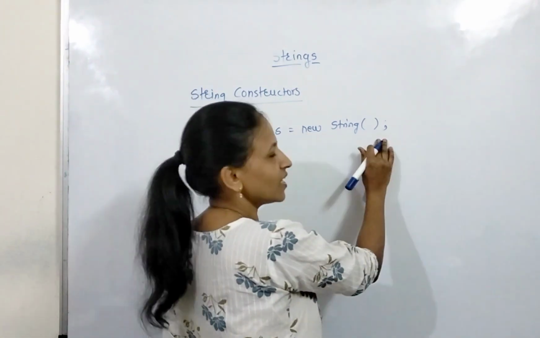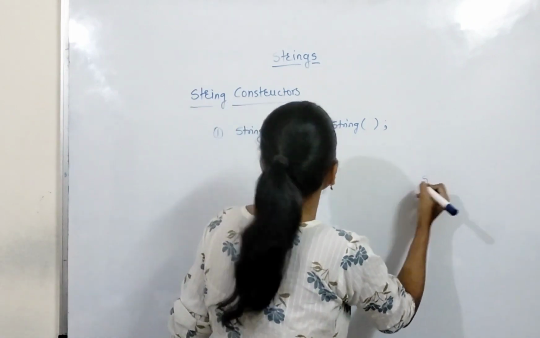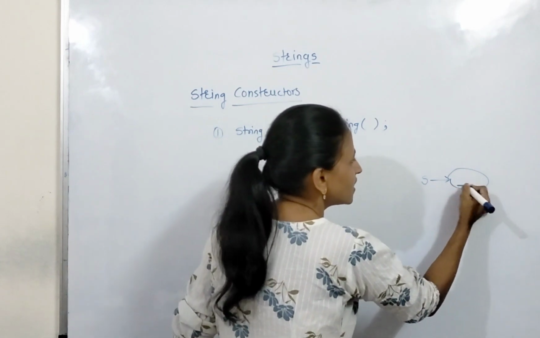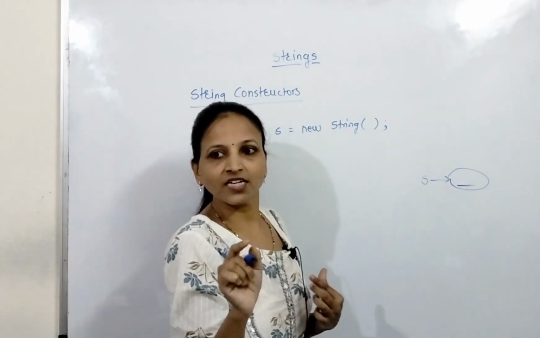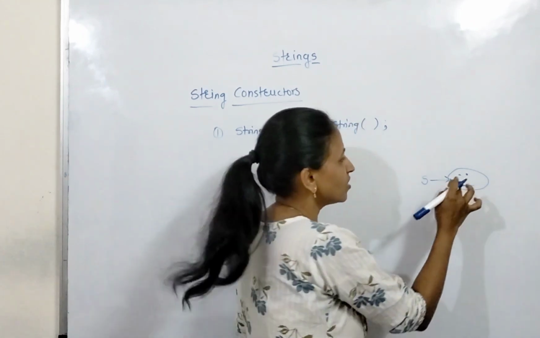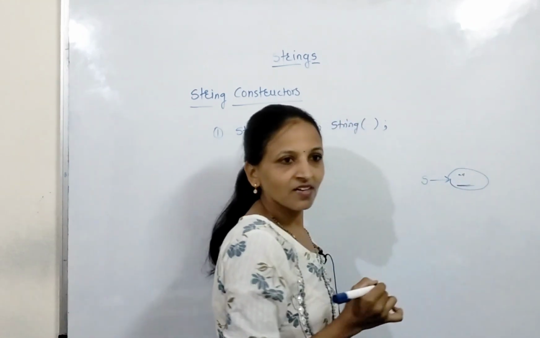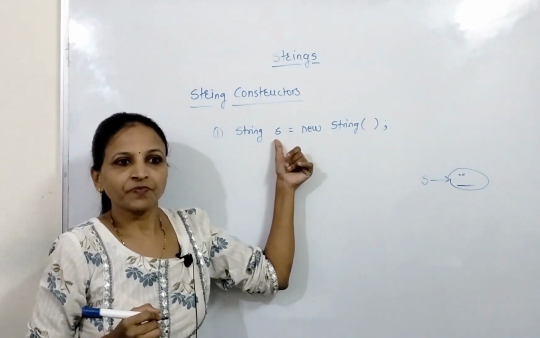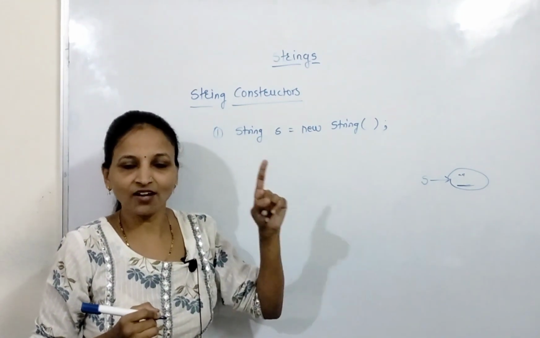Internally whenever you create like this, the string S will be created and there is one string object, but there is no content in it, not even a space. An empty string will be there in that S.